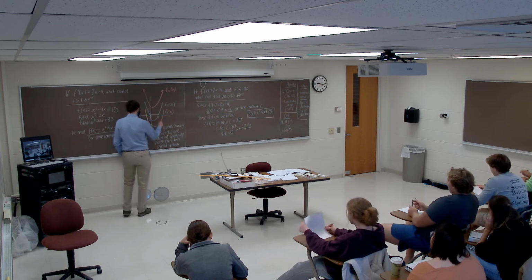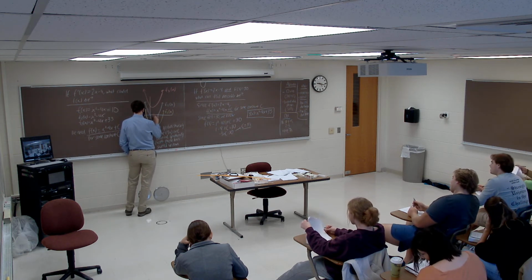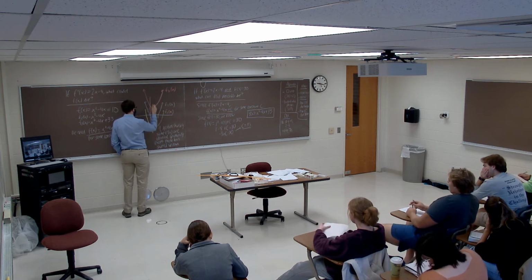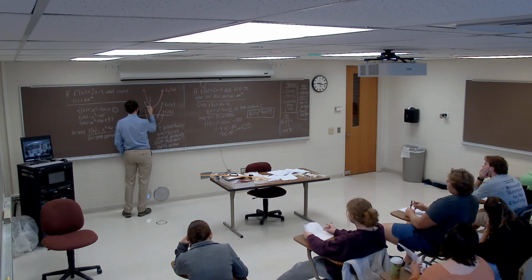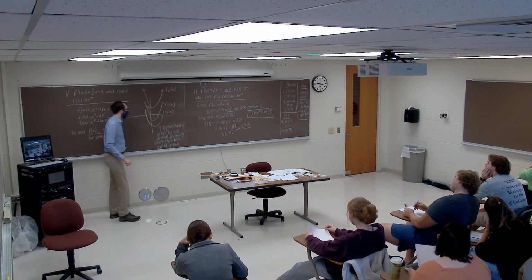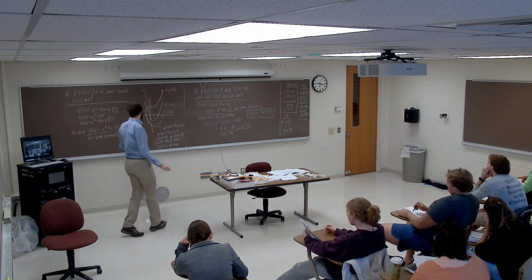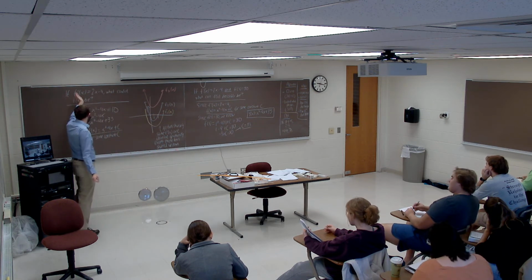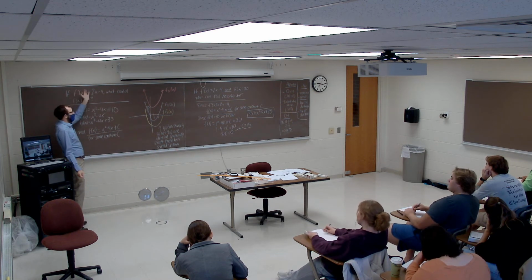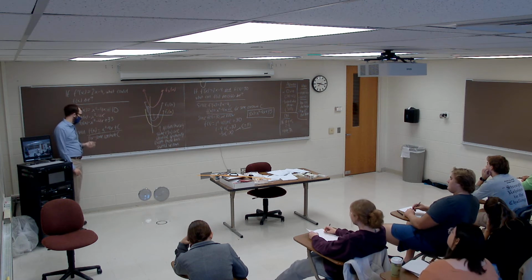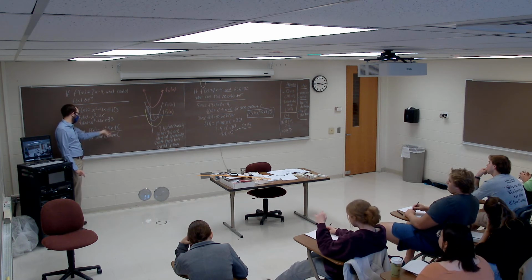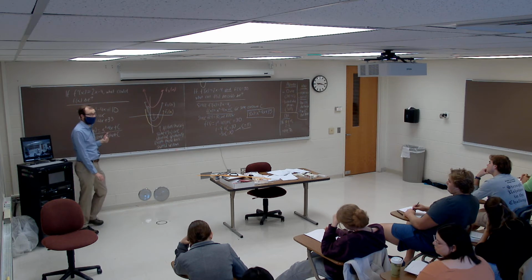So, here's the moral of the story. There's infinitely many functions whose derivative is 2x minus 4, because any function of the form x squared minus 4x plus some constant would fit the job.